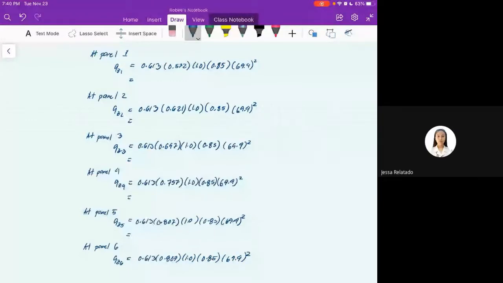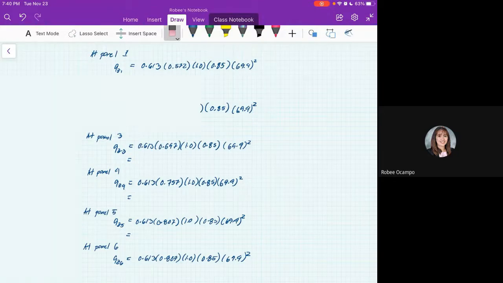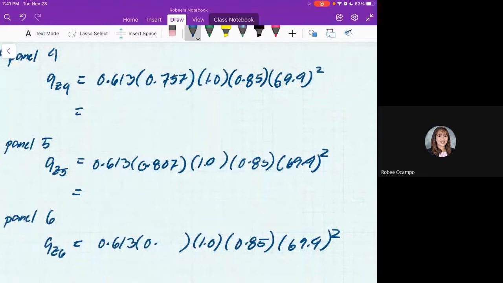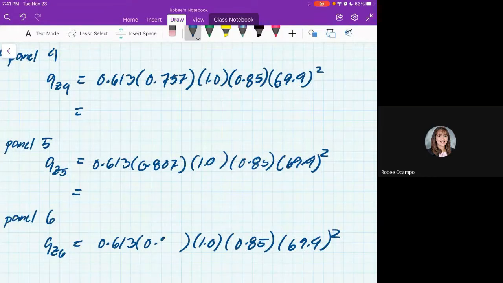The value of KZ at panel 6, same as panel 5. Ay, what is written there? Okay, sorry. That's 0.850. Okay.